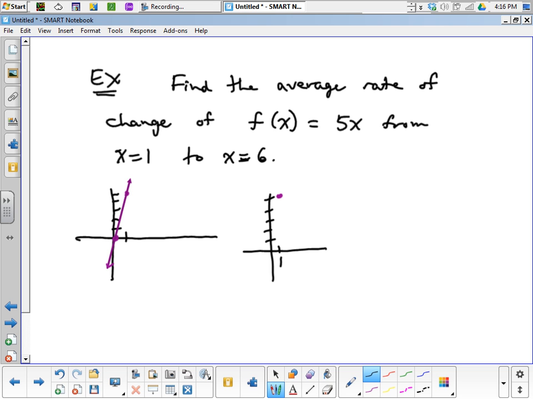And then when x is 6, that's way out here, y is going to be 30, because you can just find f of 6, which is going to be 5 times 6, which is 30. Okay, so that's going to be way up here. Alright, so that point is the point (6, 30), and this is the point (1, 5).